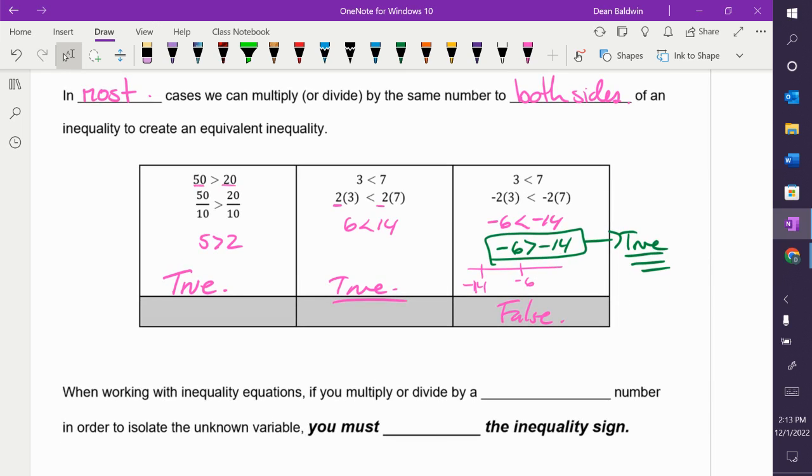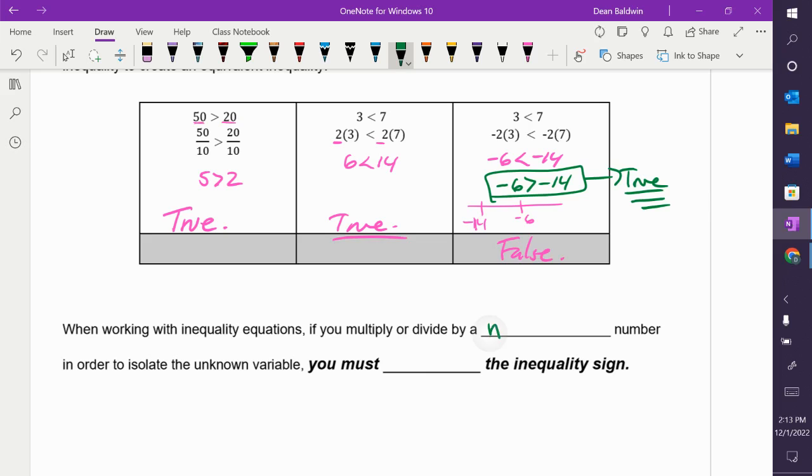So when you multiply or divide by a negative number, you must flip the inequality or reverse it, whatever you want to call it. Other than that, everything is the same. All the other rules apply.